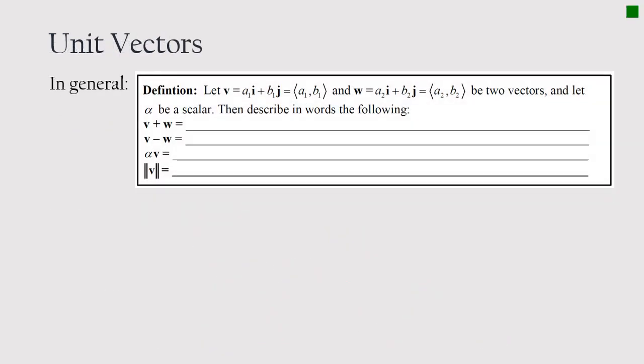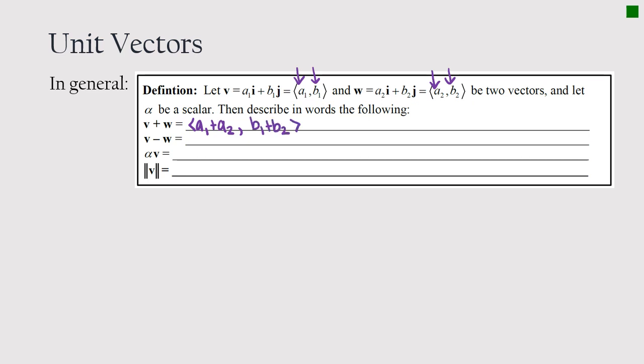Okay, so let's talk a little bit more about unit vectors. What we just saw is that if we're adding two vectors together, you basically add the horizontal components, and then you add those vertical components.